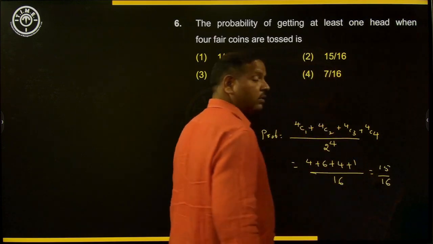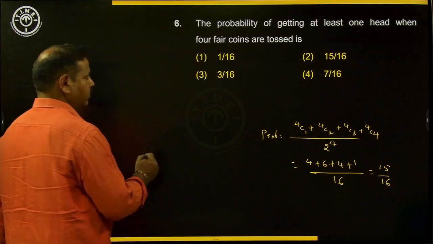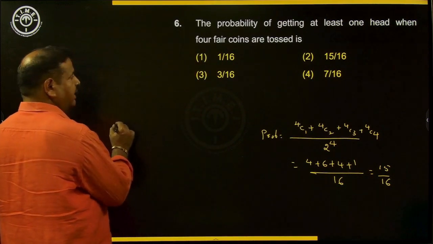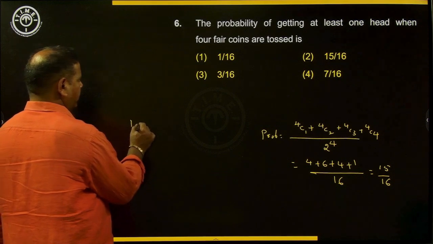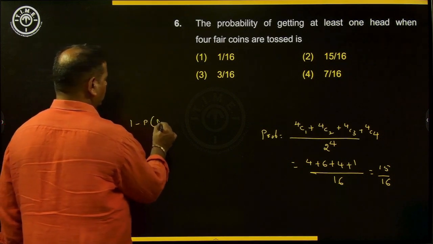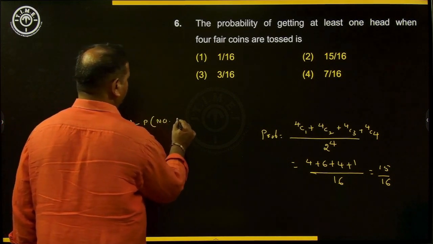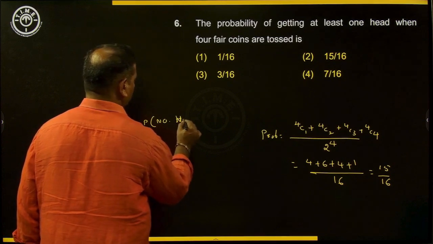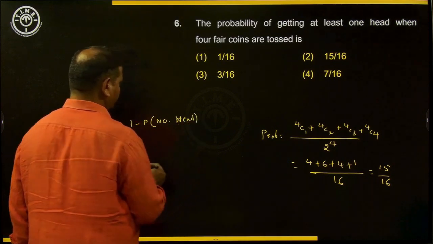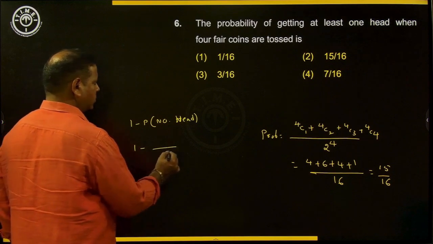You can do it like this. Or, to be a bit sharper, at least one head is 1 minus probability that no coin is showing head. No head is the opposite. 1 minus 1 by 2 to the power of 4.